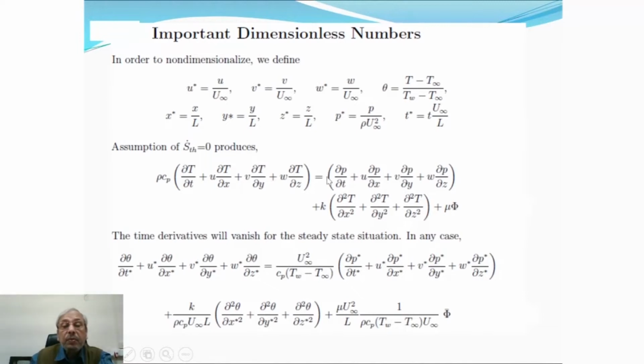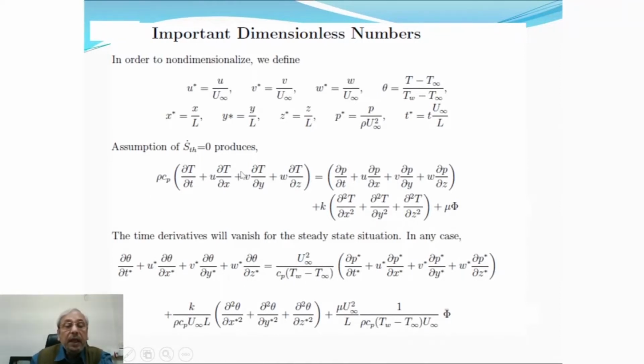That means whatever groups came out of each bracketed group of terms, those terms will be divided by rho Cp Tw minus T infinity into u infinity by L.